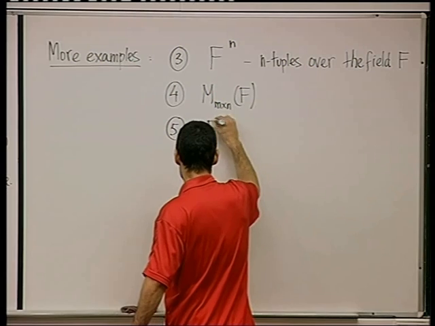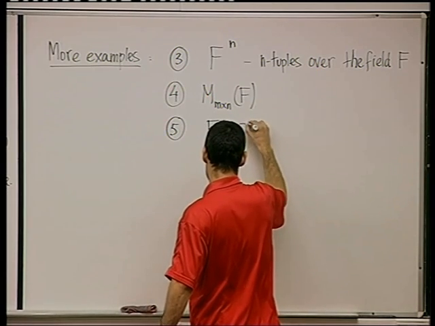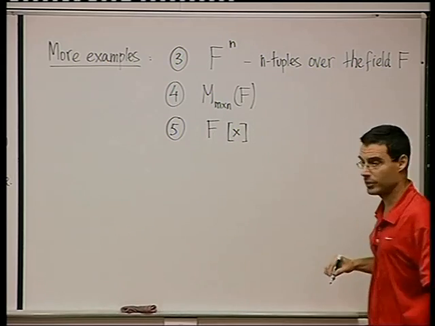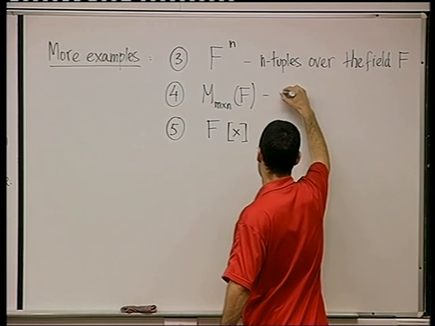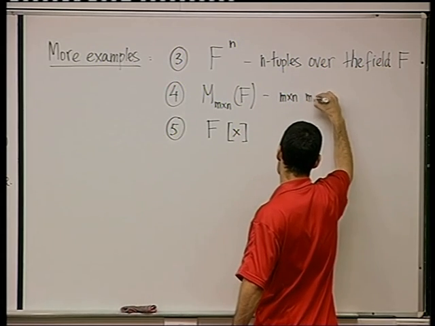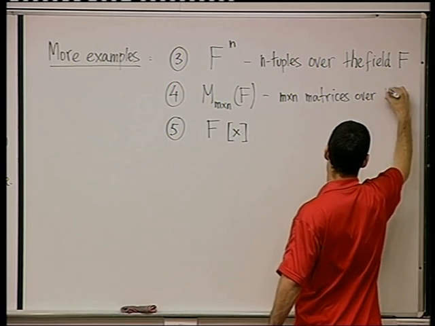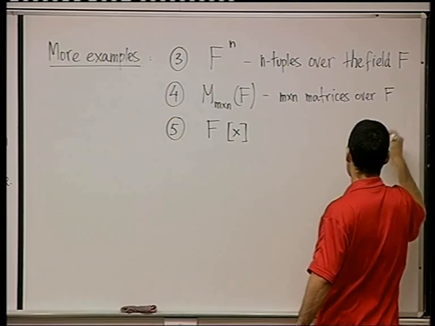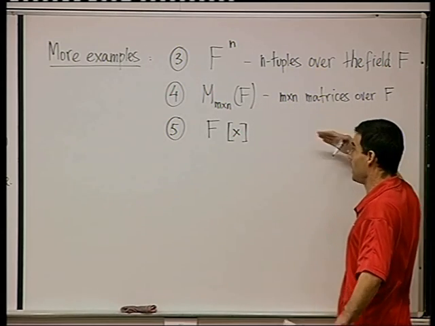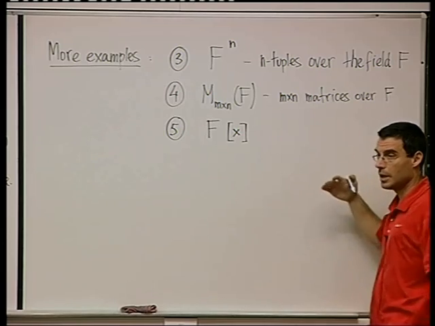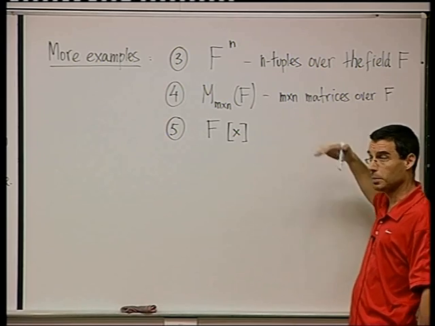So for example, what we denote by F[X]. This is notation for, so let's write here, m by n matrices over F, where all the entries are from F. I'm not writing it, but it's implicit and well understood what the addition is, what the scalar multiplication is.